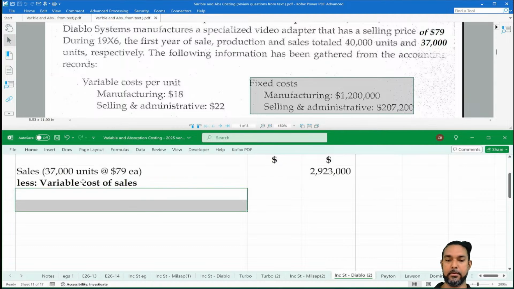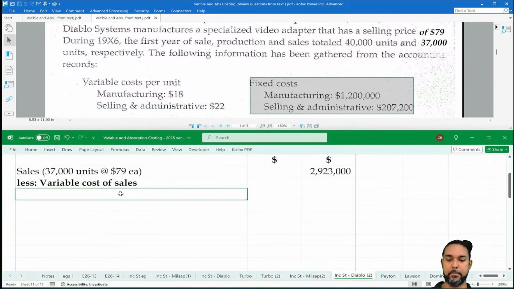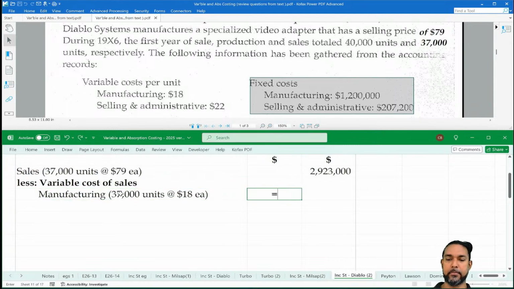So we have manufacturing, because they use that word, so why not? We could use it too, right? So again, we sold 37,000 units, and they gave us that it was $18 per unit, or $18 each. That's 37 by 18.